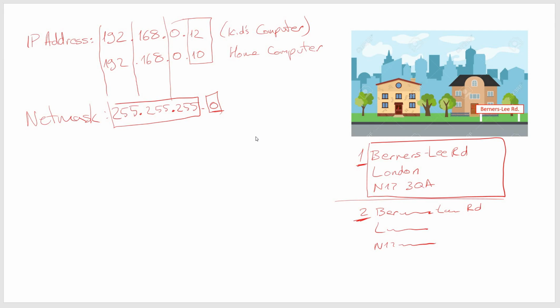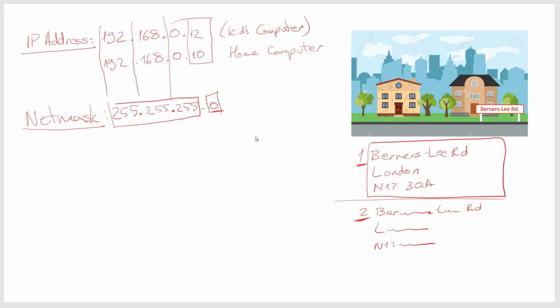So the way IP addresses work is by identifying each computer on a network using a unique IP address, but part of that IP address has to be the same in some sections of it in accordance with something called a net mask.